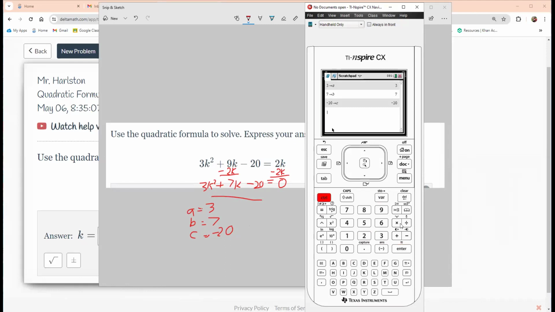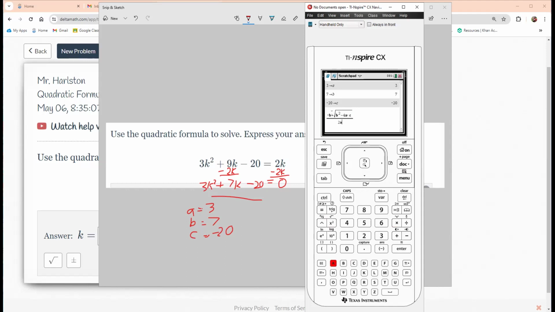Remember, control divide. I'm going to do a negative b plus the square root of b squared minus 4 times a times c. And then I'm going to put down here 2a.